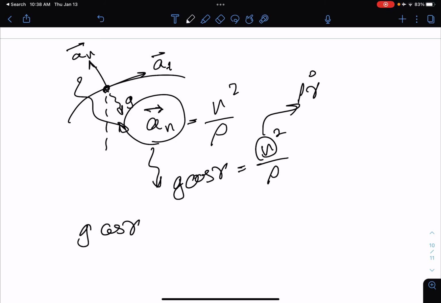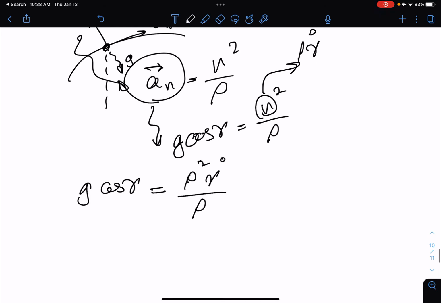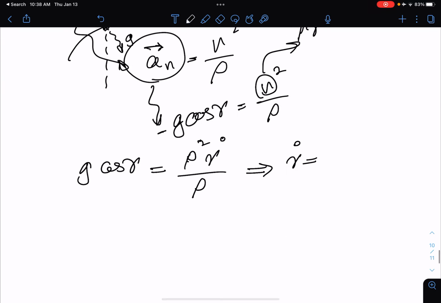Cosine of gamma is equal to rho squared gamma dot squared divided by rho, which means gamma dot is equal to, there's also a negative sign. Keep that in mind. AN is equal to the negative of the gravitational component. So gamma dot has to be equal to negative g cosine of gamma divided by rho.